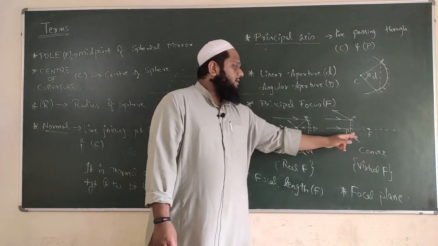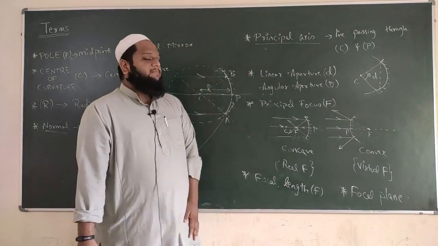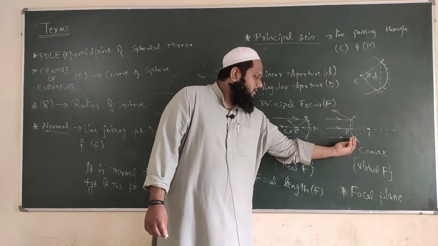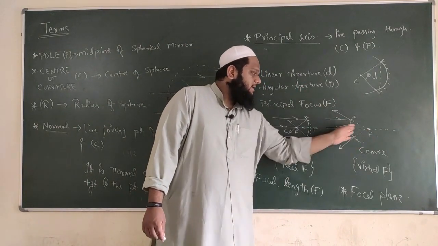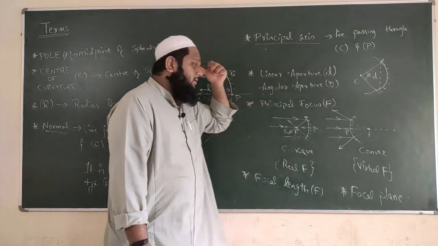This particular point is called principal focus. So appear to diverge मतलब ये है कि they are not actually meeting at that point, but they are going away. When I extend them backwards, it is as if they are meeting at this point. Yeah. So that is how it means.